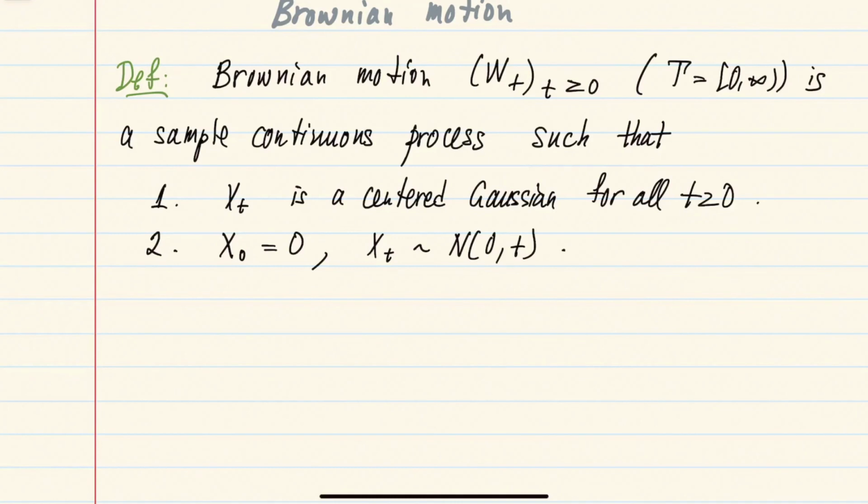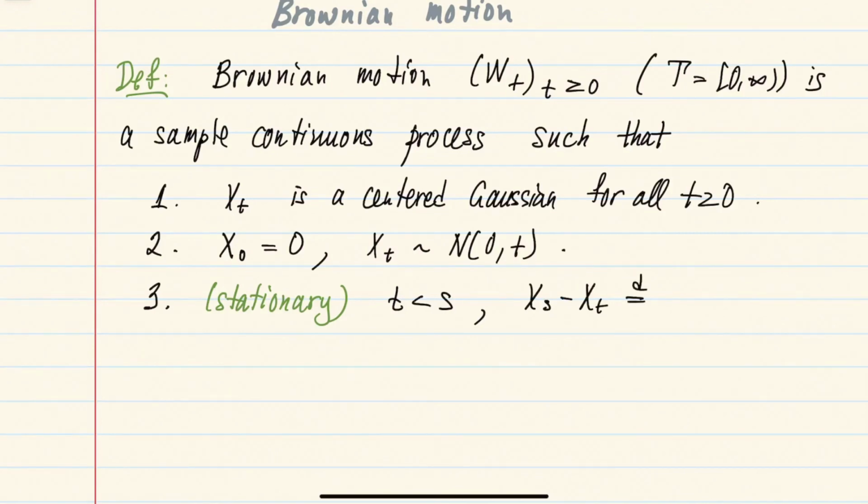Then the third property will be that this process is stationary. And what this means is that for any times t and s, let's say t less than s, the increment of the process X_s minus X_t should have the same distribution as X at the time s minus t.